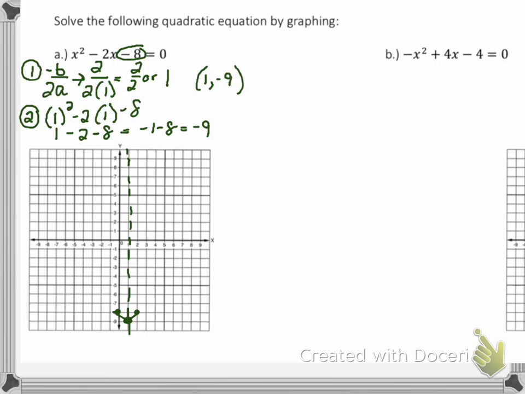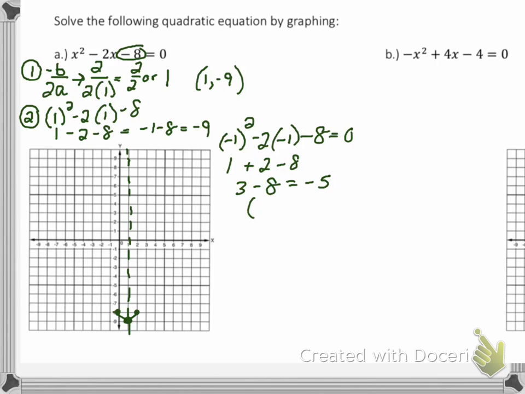So I'll plug in negative 1 for x: negative 1 squared minus 2 times negative 1 minus 8. That becomes 1 plus 2 minus 8, or 3 minus 8, which is negative 5. So that's the point negative 1, negative 5.